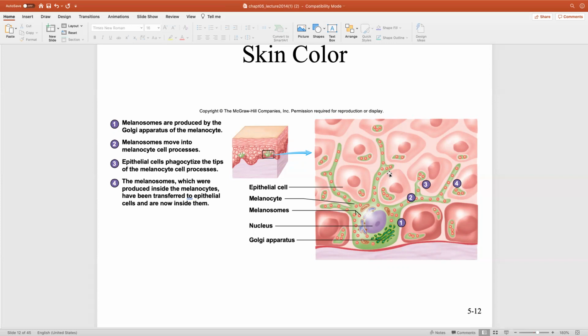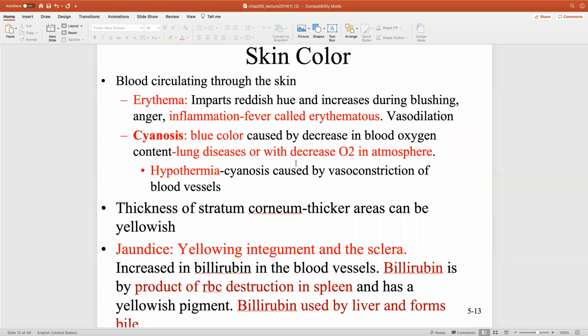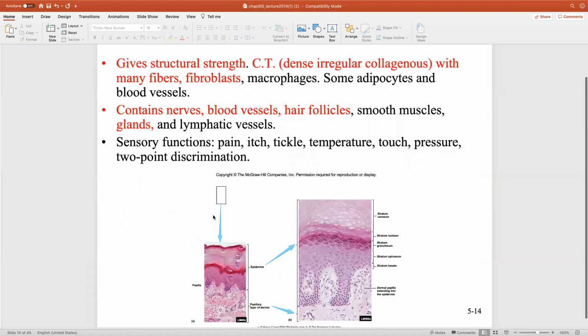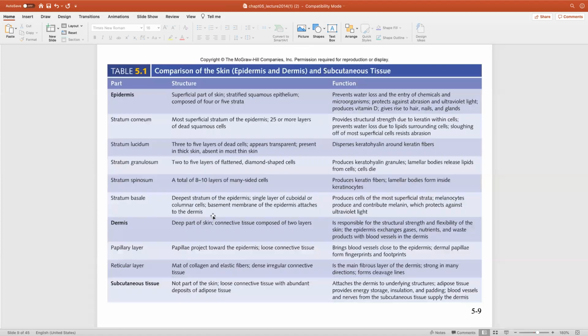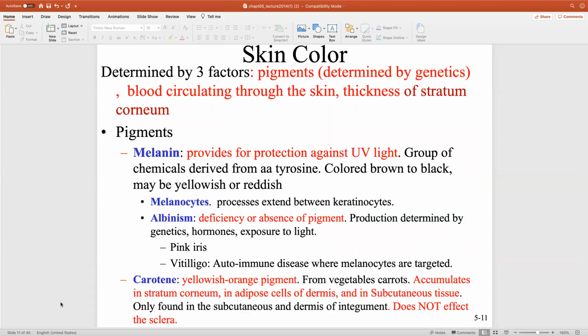Now, there are people who, for some reason or another, have melanocytes, but the melanocytes don't release melanin that's actually functional, right? And those people are true albinos. Albinism is a deficiency or absence of pigment.